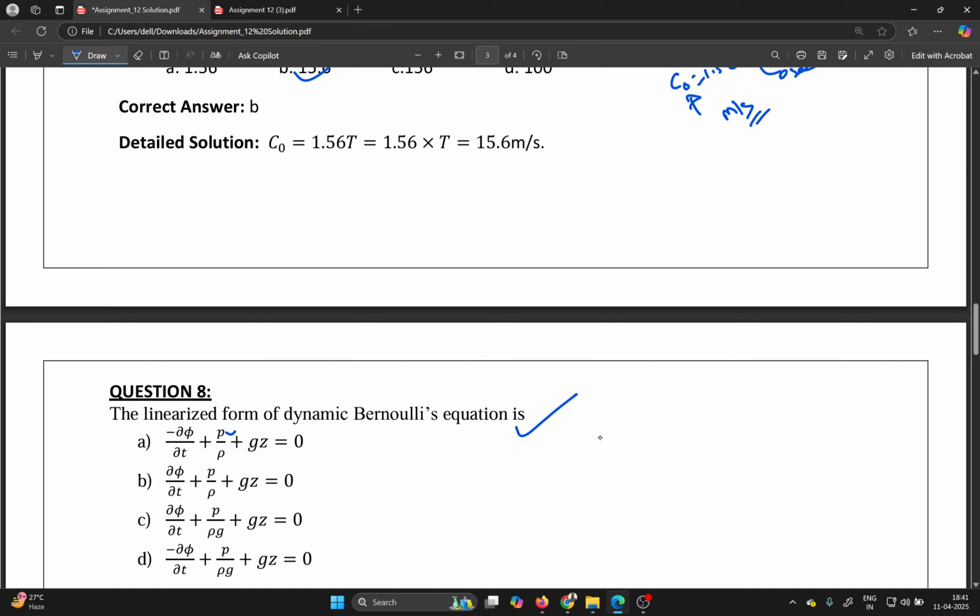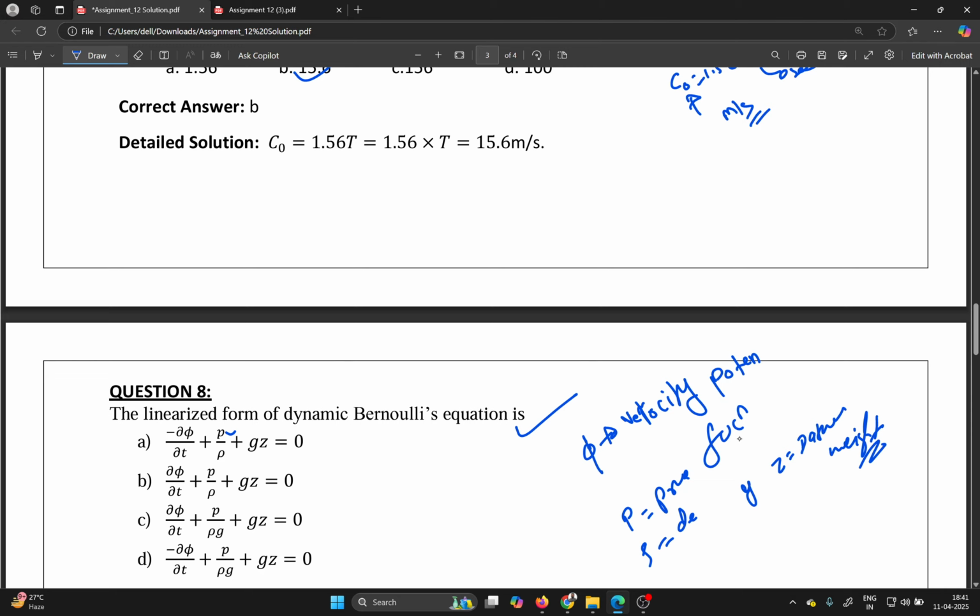So just for your understanding of the equation, phi is velocity potential function, and t is time definitely, and p is your pressure, and rho definitely you know already the density, and g you know already, and z is your datum height.